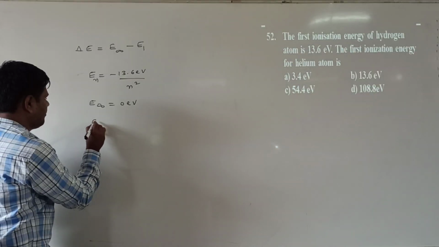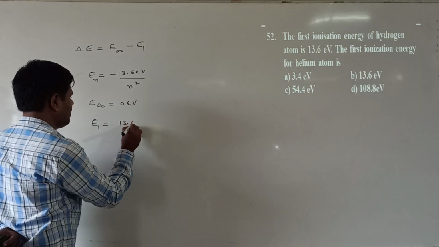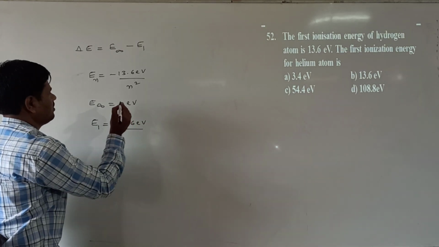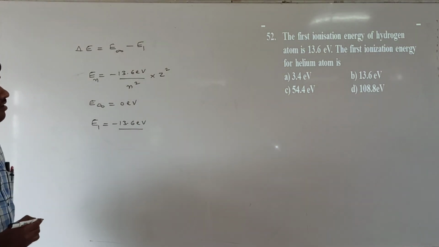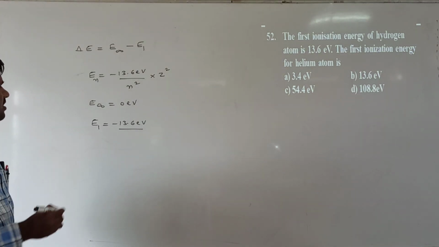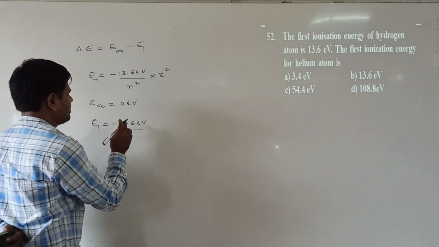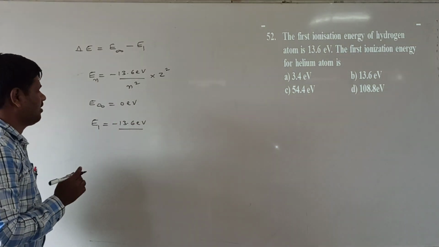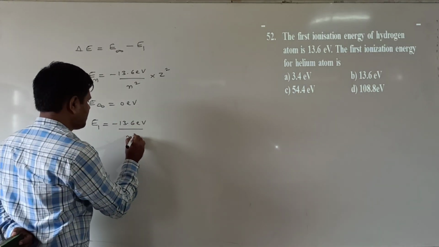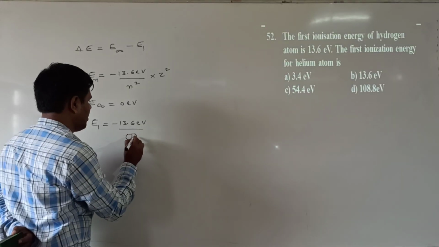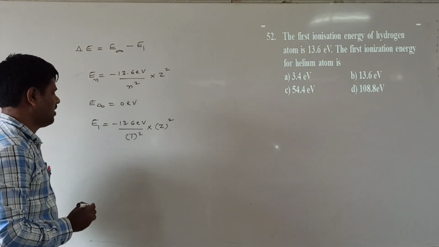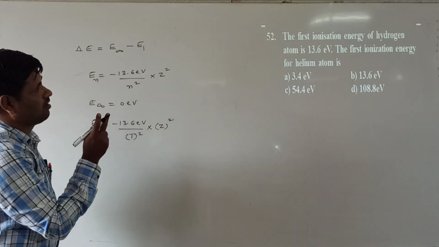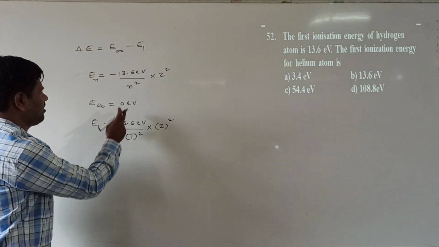Now, the first energy level E1 is equal to what? Minus 13.6 electron volts by... the general formula is Z square by n square. For the hydrogen atom, we can substitute Z equal to 1. Here 13.6 electron volts by n square, where n square is 1 square, and Z square we have taken here. This is the first ionization; first means n equal to 1.